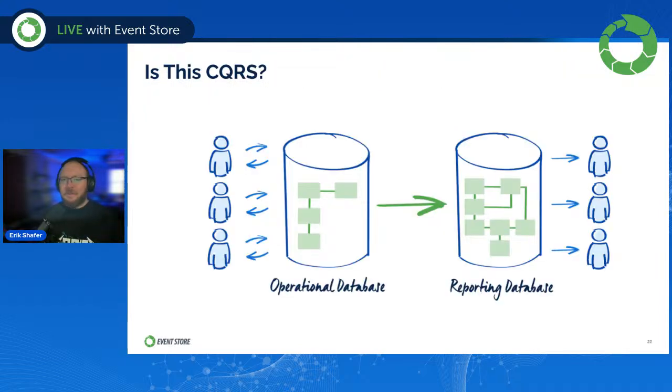Now, is this diagram CQRS? Yeah, it looks like they're employing CQRS. I don't know enough details, but it looks like there are commands or intent on the left side, and looks like there are queries on the right. There is a clear separation here.